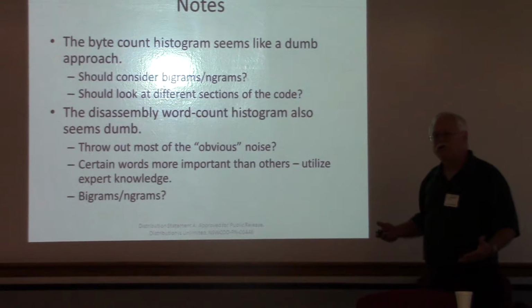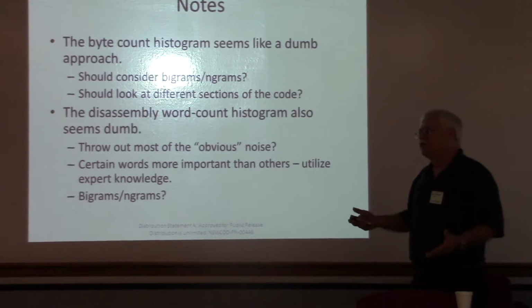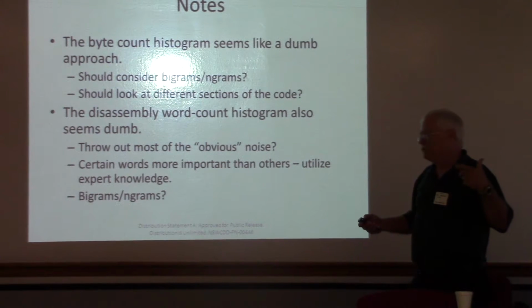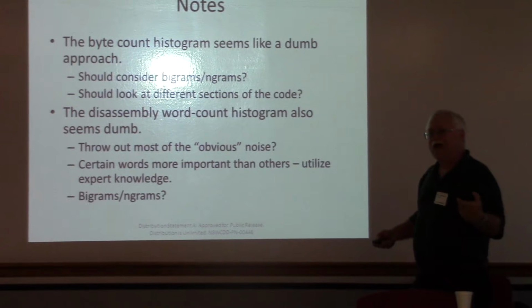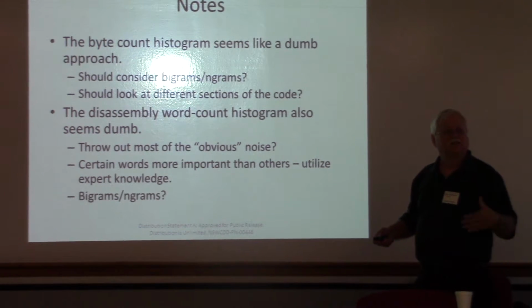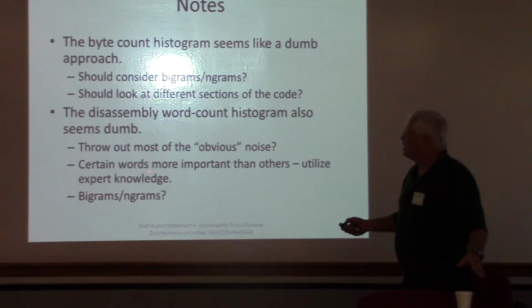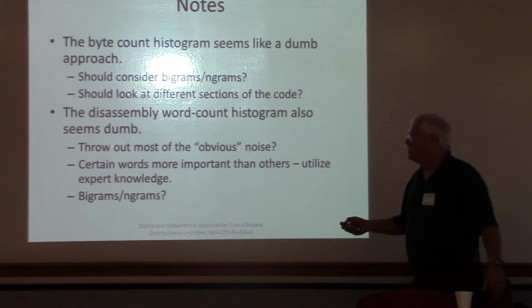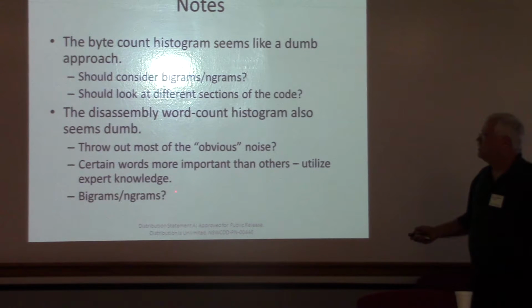170,000 words, right? Most of them, who the heck knows? They're probably memory addresses and things that I should have thrown out, but wasn't smart enough to do. So that's a dumb thing to do. I definitely should throw out this stuff. Certain words are more important than others, right?